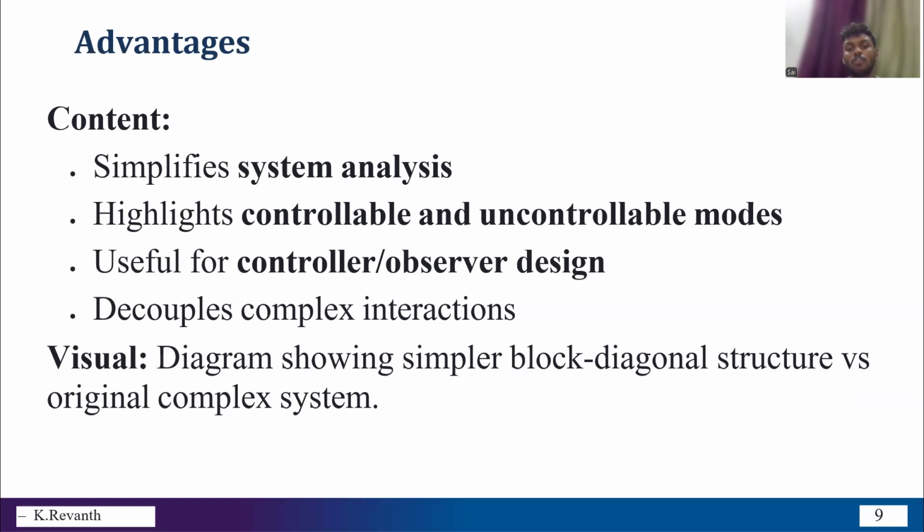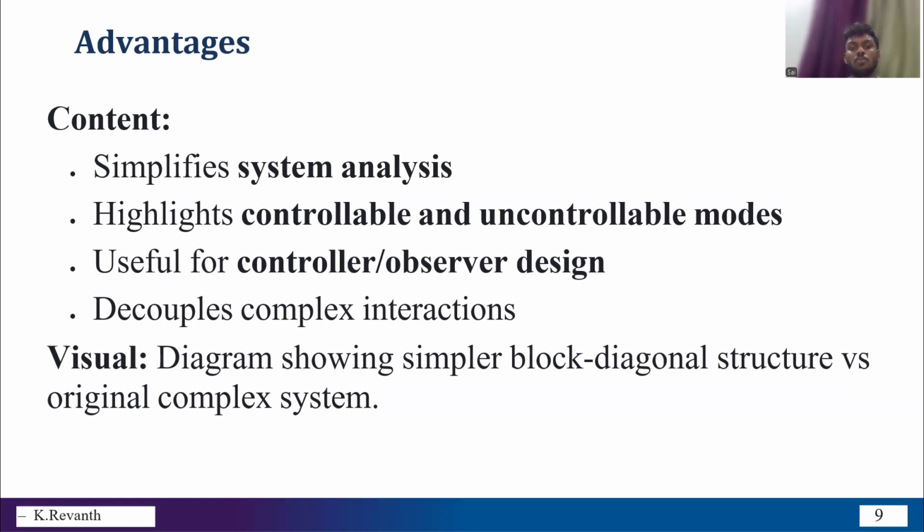We define a new input mu hat related to the original input mu as mu equal to R mu hat, where R is another transformation matrix. By choosing R properly, we can make the new input mu hat act directly on the simplified Jordan form system.